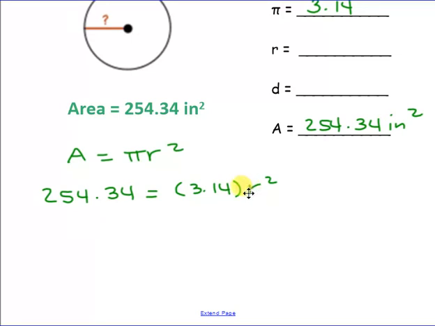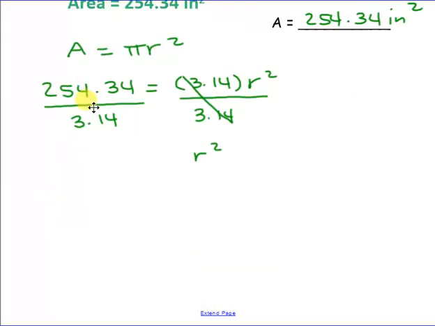I need the r by itself, so I'm going to divide both sides by 3.14, because whatever you do to one side you have to do to the other. This cancels. You bring down your r squared. Now 254.34 divided by pi is going to give you 81.